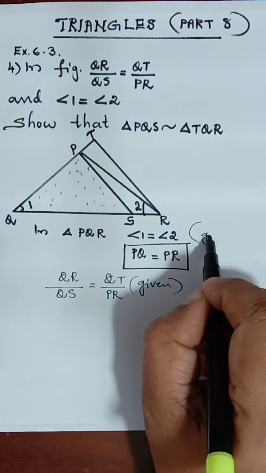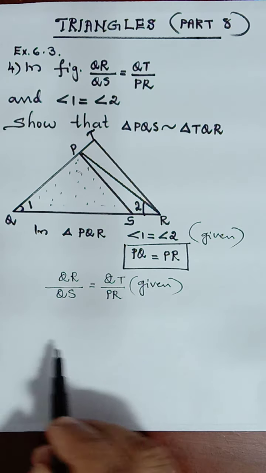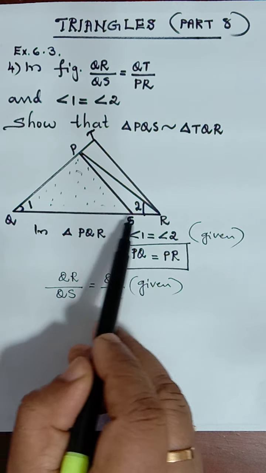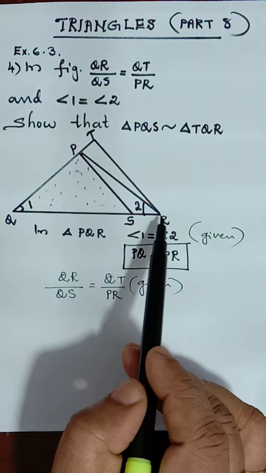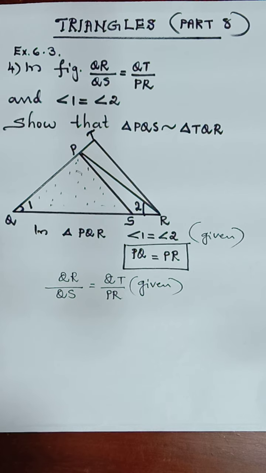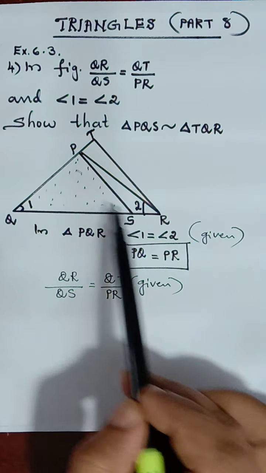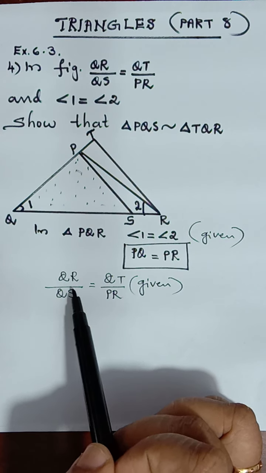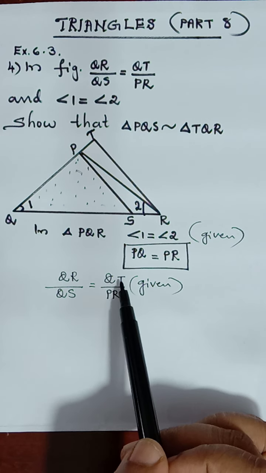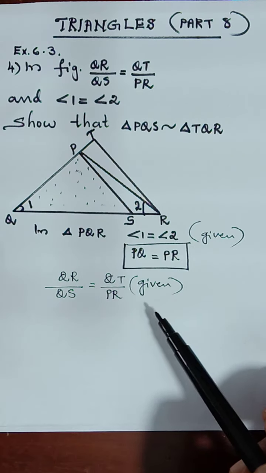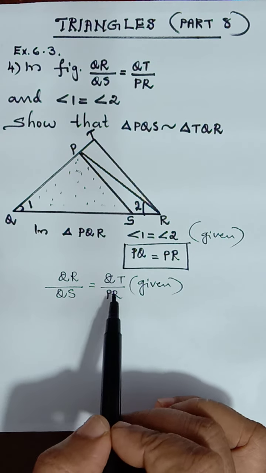In triangle PQR, QR by QS equal to QT by PR, that is given to us in the question. Now let us see which are the parts.